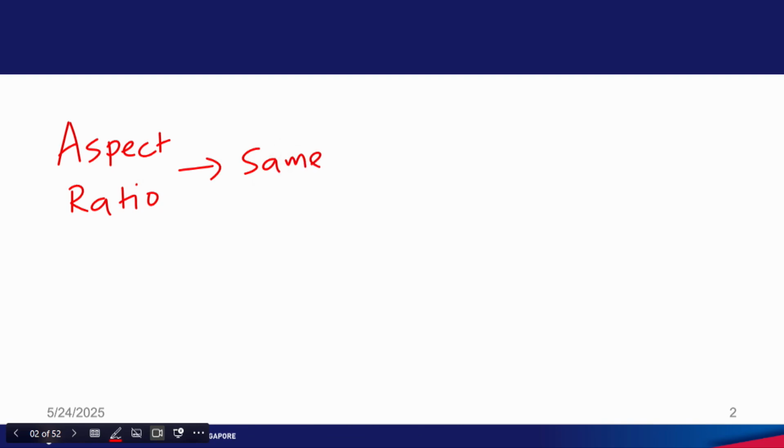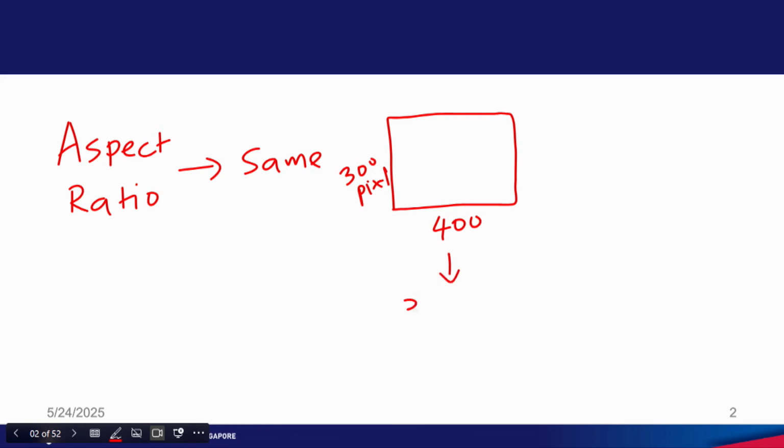So, what is the aspect ratio? Let us say I have a certain image. This image has 400 pixels on this side, 300 pixels here, and currently this picture occupies say 3 centimeter times 4 centimeter area.